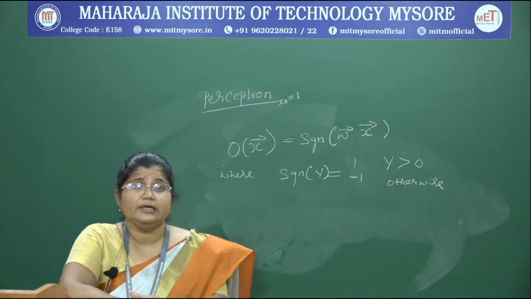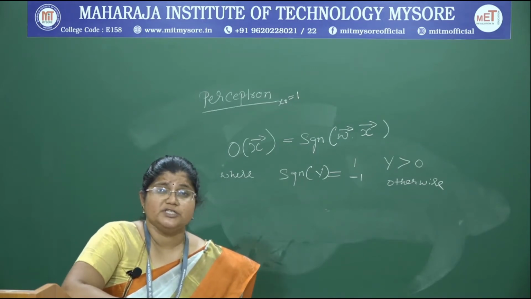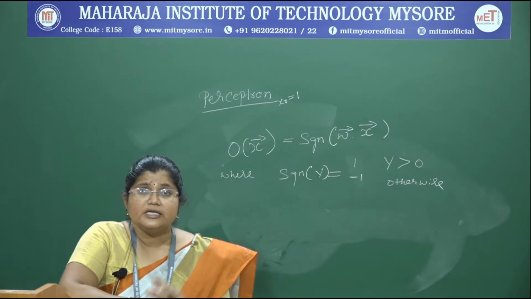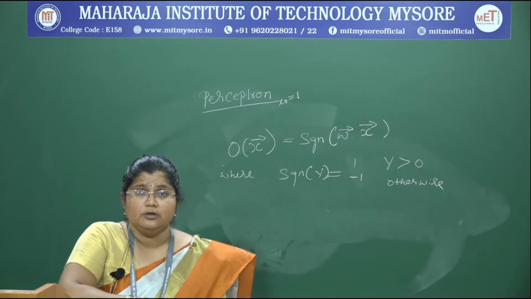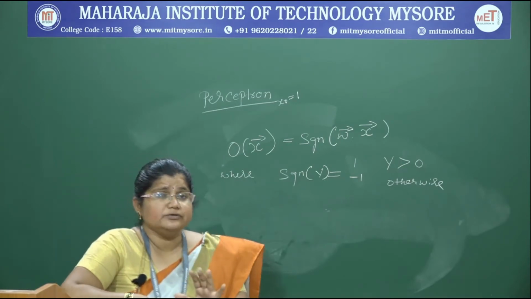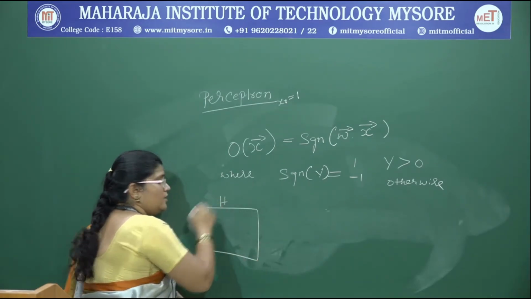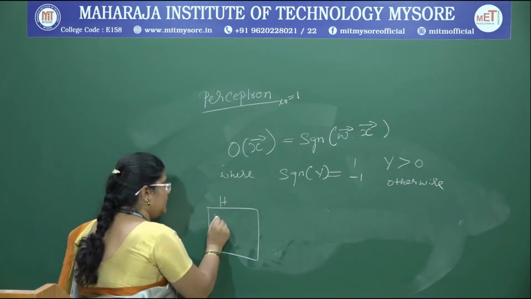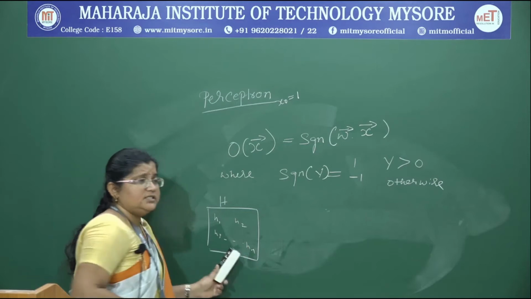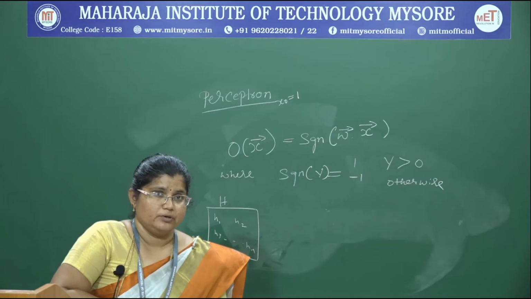To choose the weights in a proper manner, the perceptron uses a hypothesis space like the one in the candidate elimination algorithm. We have seen a hypothesis space H comprising multiple hypotheses H1, H2, H3, Hn in the first module.